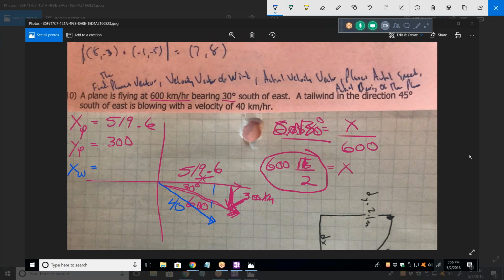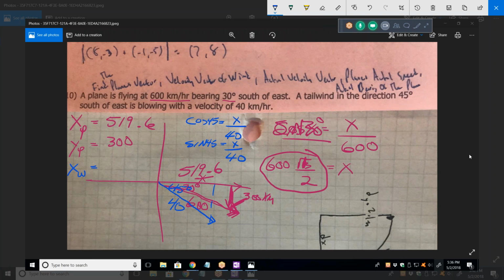Whoops, it's 45 degrees, not 40. So it's actually the cosine of 45 equals x over 40. And the sine of 45 also equals y over 40.